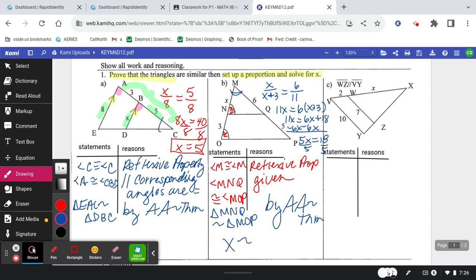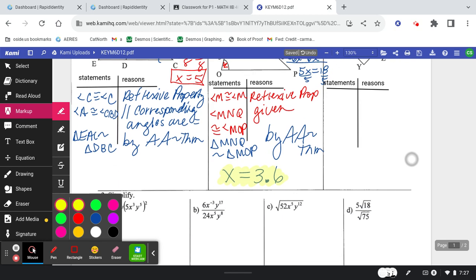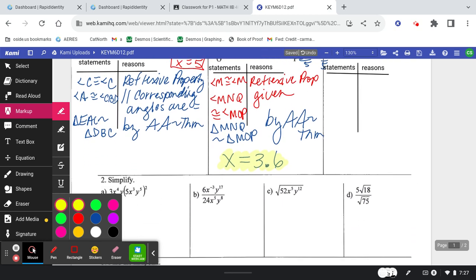And I'm getting that x is approximately, grab that calculator, 18 divided by 5. Oh, I don't even need the approximation here. x is equal to 3.6. And then this one was x equals 5.